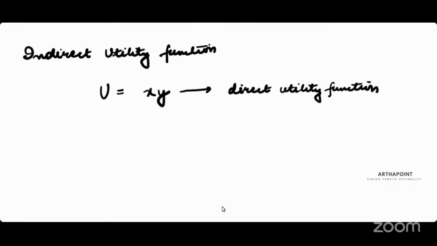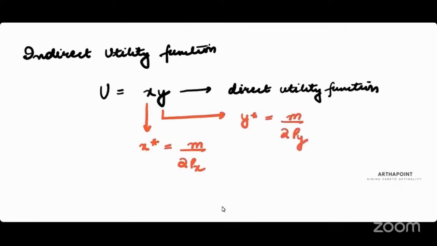Now, once you have found this x star value, which in my case was m by 2 Px, and this y star value, which in our case is m by 2 Py, you can go ahead and put these values in the utility function.